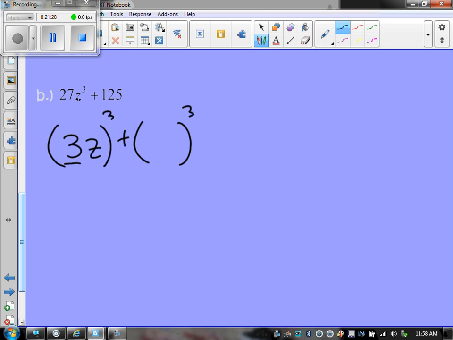Well, then that means I need to take this 125 and figure out how I can rewrite him so that it's something cubed. So what times what times what gives me 125? Does 5 work? So now, this looks a little bit more like my cubes problem.